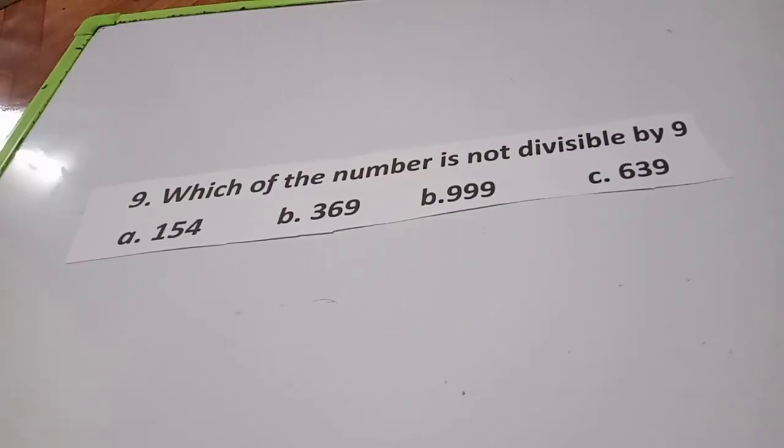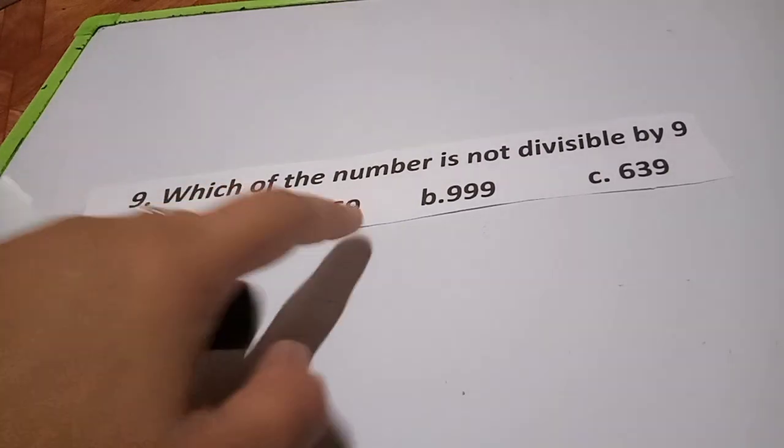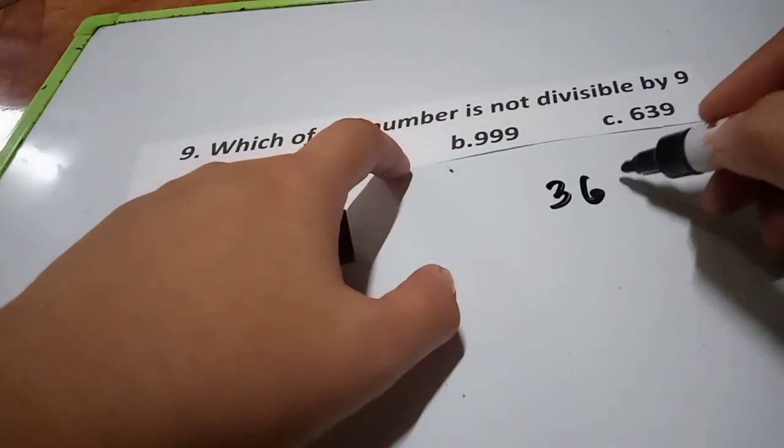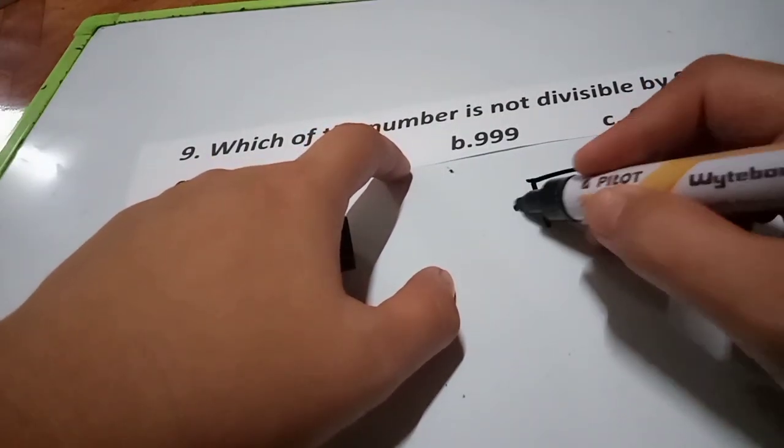Okay, which of the numbers is not divisible by 9? So, when we speak about divisible by 9, it is also usually divisible by 3. For example, look at this one. 369 is divisible by 3.